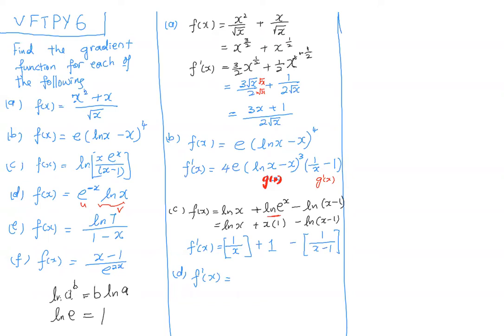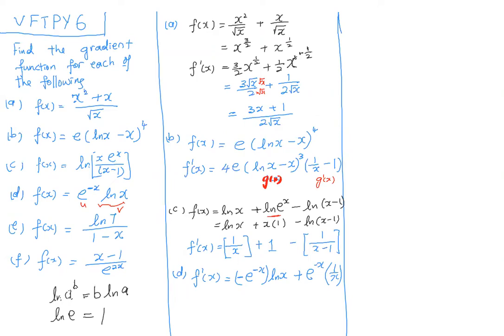Negative e to the power negative x. So this is your U prime, times ln x, plus e power of negative x times 1 over x. So this is U prime V plus U V prime.